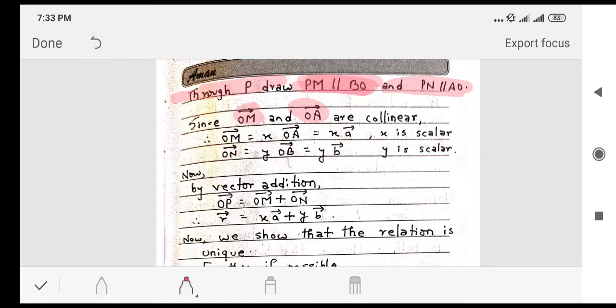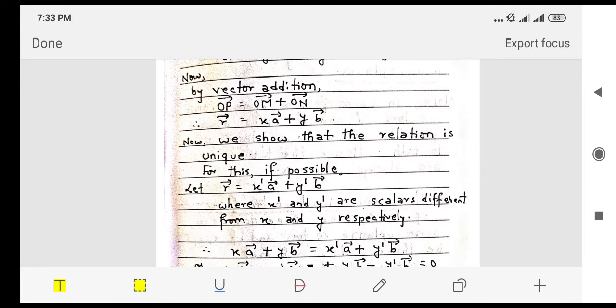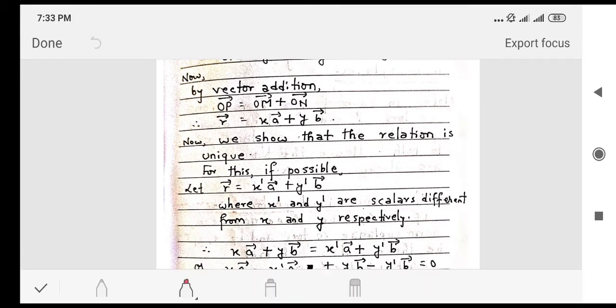Now by vector addition, OP vector is equal to OM vector plus ON vector, where OP vector is vector R, equal to x vector A plus y vector B. In this way we have proved our first part.